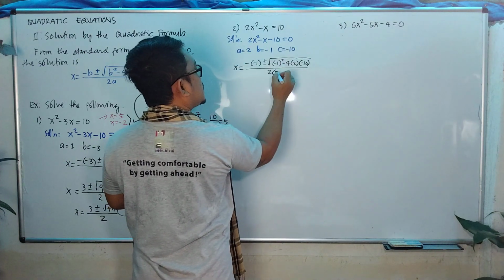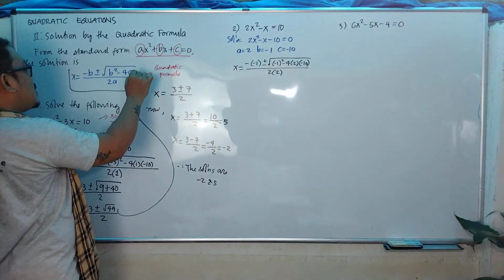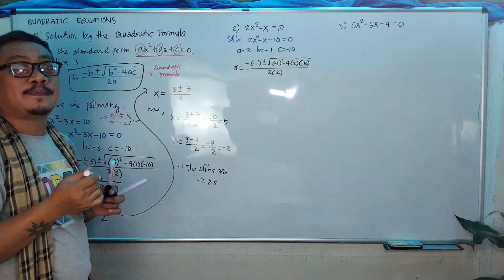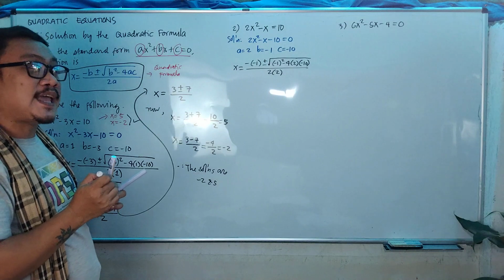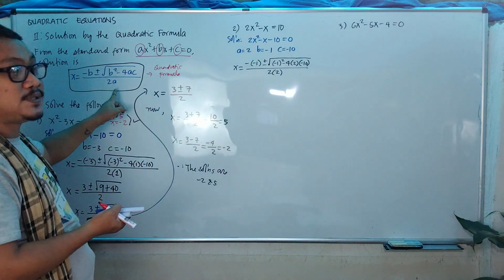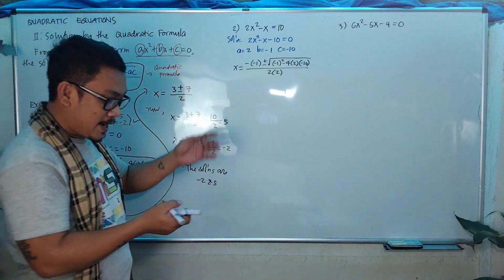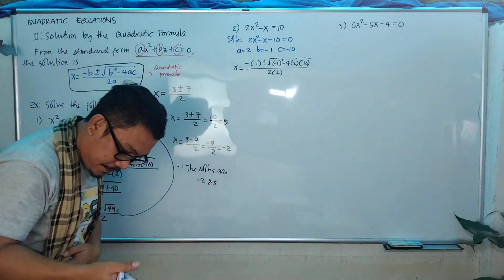So, our A is 2. Okay? This is the formula, class. We just substituted the values of A, B, and C into the formula. It is simple. Okay. So, let's continue.